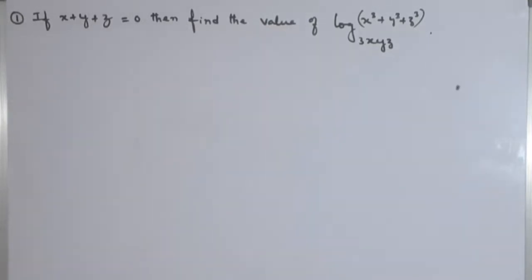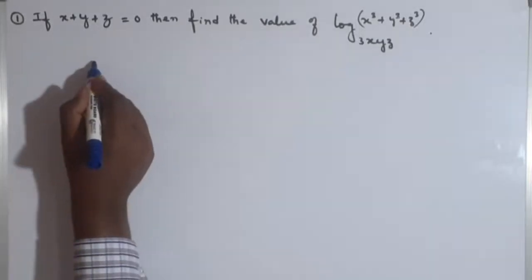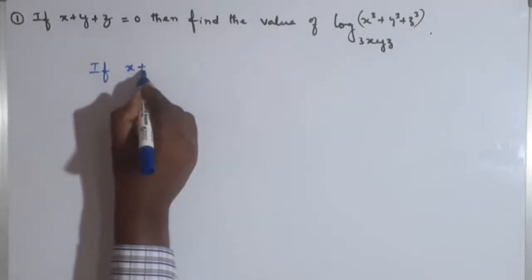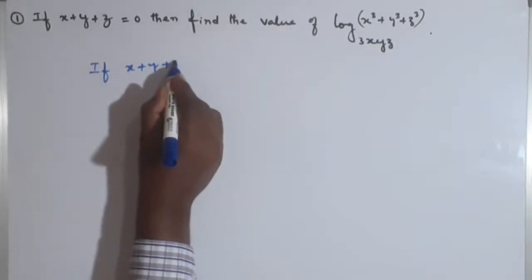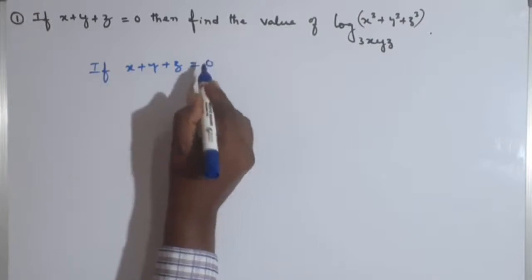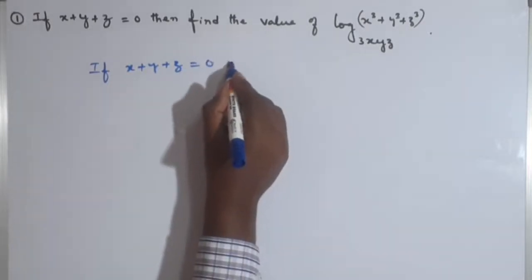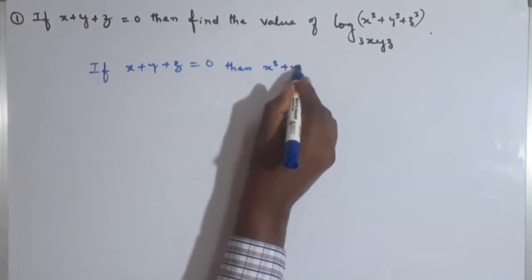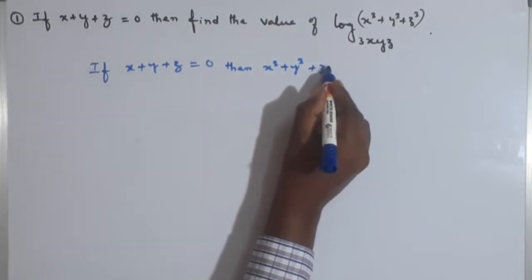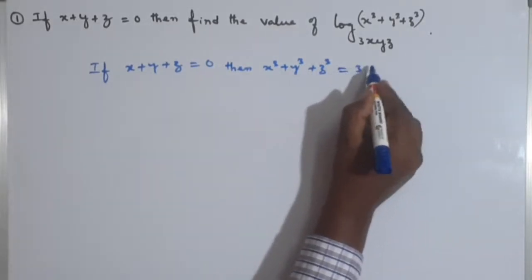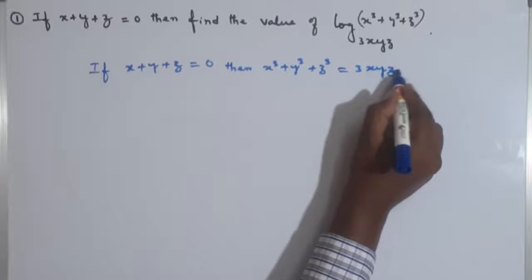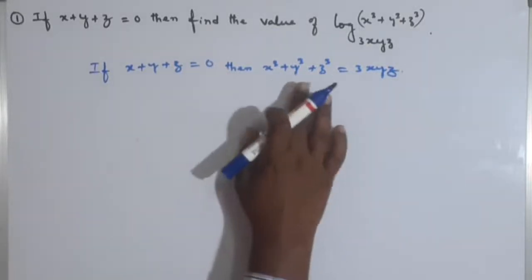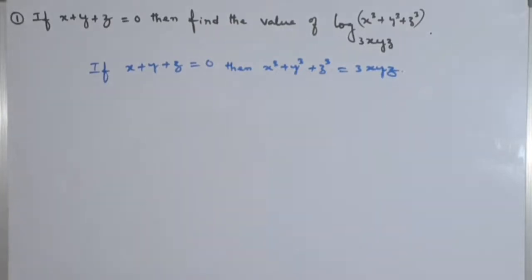The condition in the problem is, if x plus y plus z equals 0, then x cube plus y cube plus z cube equals 3xyz. This is the formula. If x plus y plus z equals 0, then x cube plus y cube plus z cube equals 3xyz.